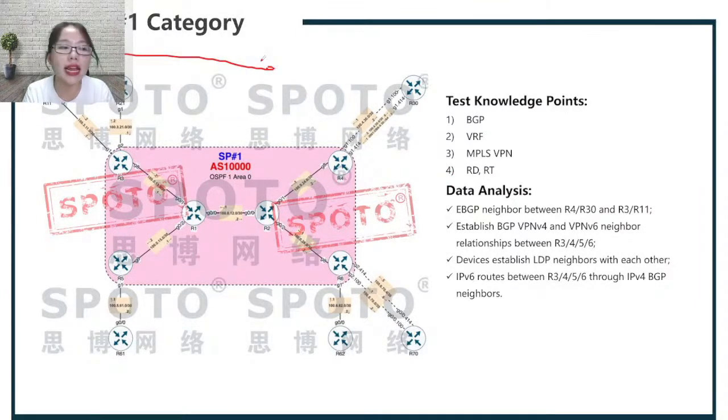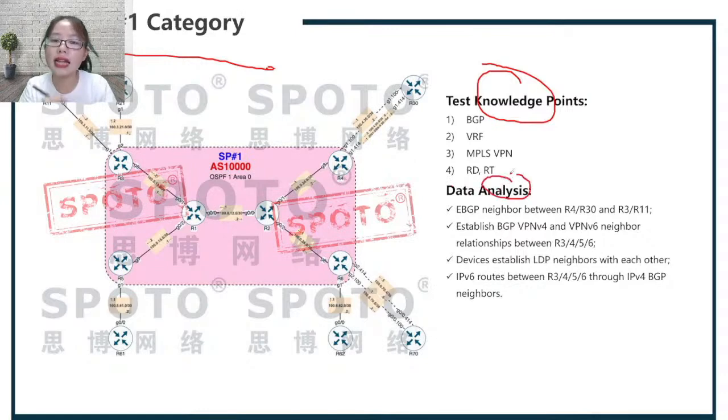In this part is the SP1 category. Let's see it in detail. You need to master knowledge points such as BGP, VRF, MPLS VPN, RD, and RT. First, we share the data analysis.